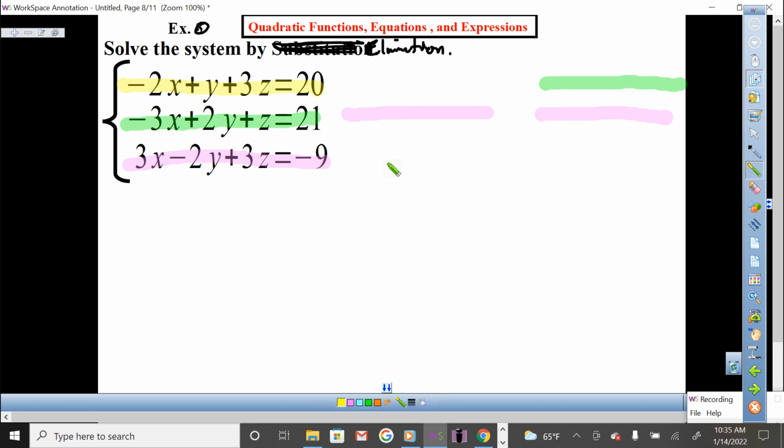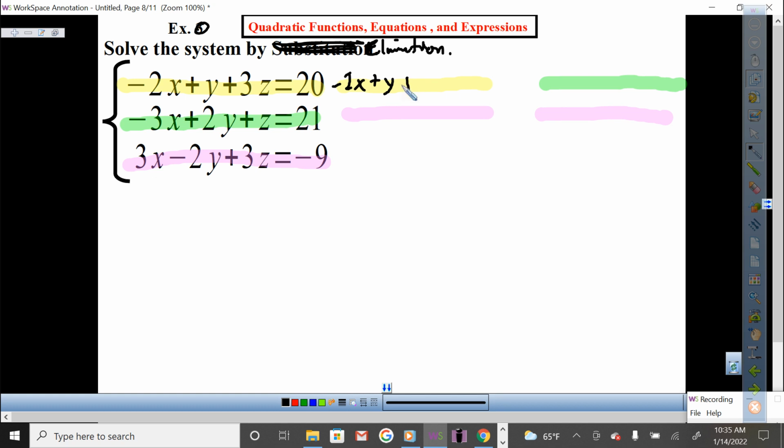Alright, so write those please. Make sure the variables are aligned. So here we go. Negative 2x plus y plus 3z equals 20. And underneath that we got 3x minus 2y plus 3z equals negative 9.